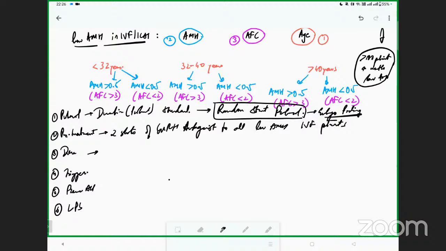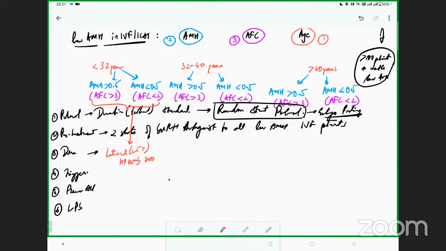What are our standardization of dosages? We have already discussed this many times, but I will write it down for all of you again. In this category of patients, age less than 32 years, our dosages are simple. It is always going to be letrozole 2.5 plus HPHMG 300.